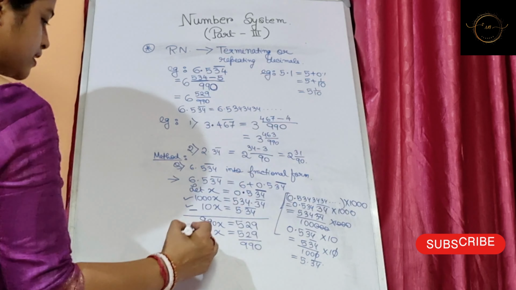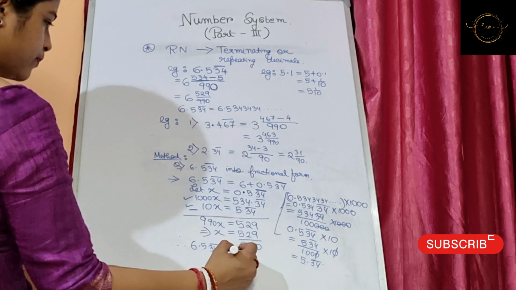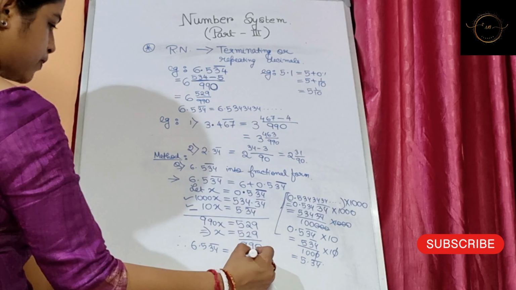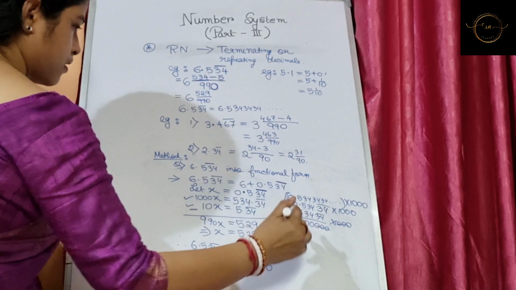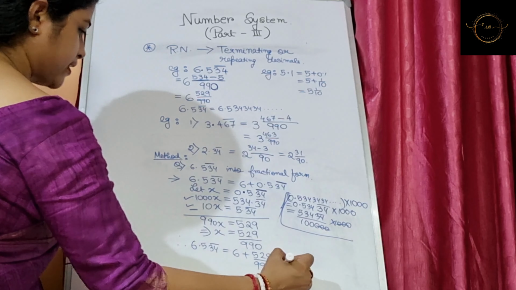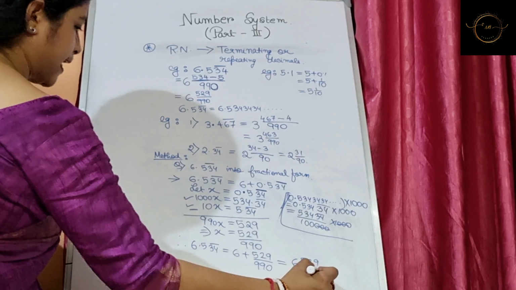So therefore 6.534 bar will be equal to 6 plus 529 divided by 990, which you can write as 6 whole 529 by 990.